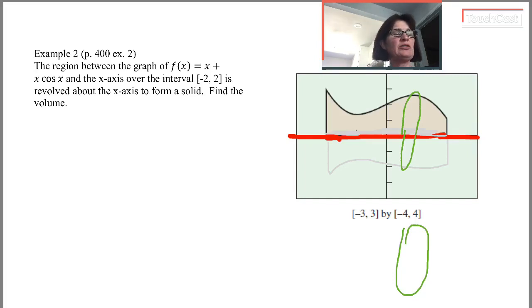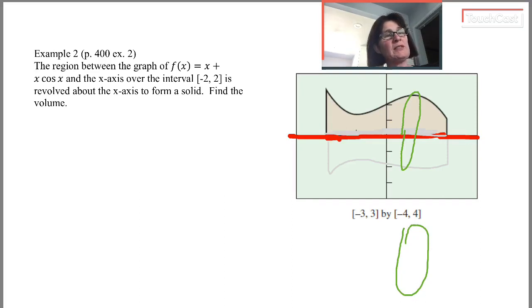What I want to do is try to write an expression for the radius of that disk. Notice I was told that my revolution was about the x-axis. I'm always going to take my slices perpendicular to the x-axis. Alright, so I'm going to imagine drawing in the radius of that green disk.